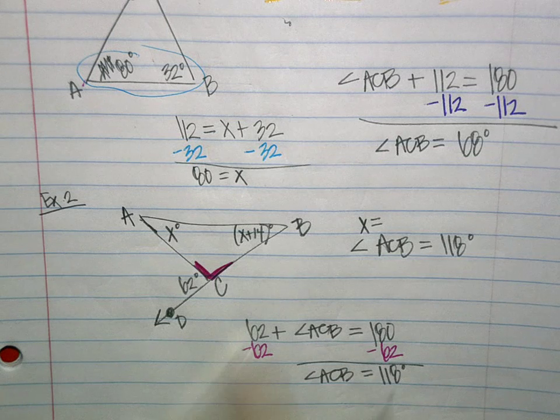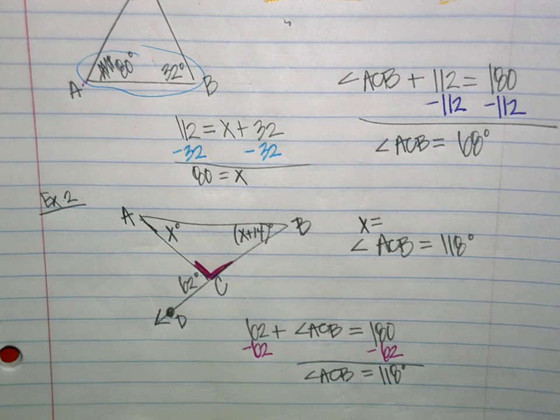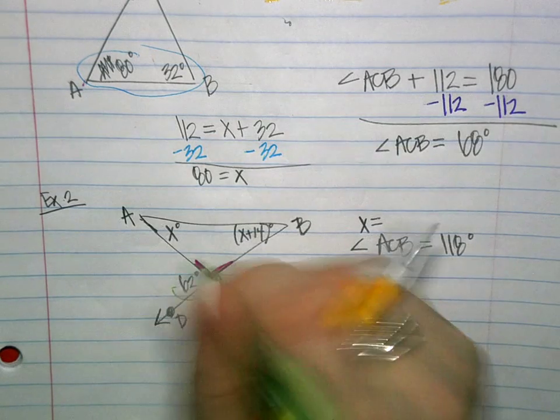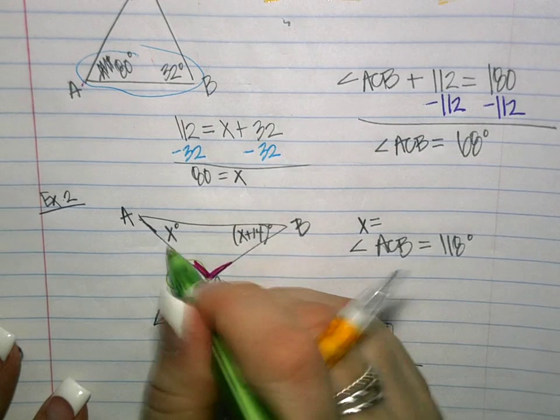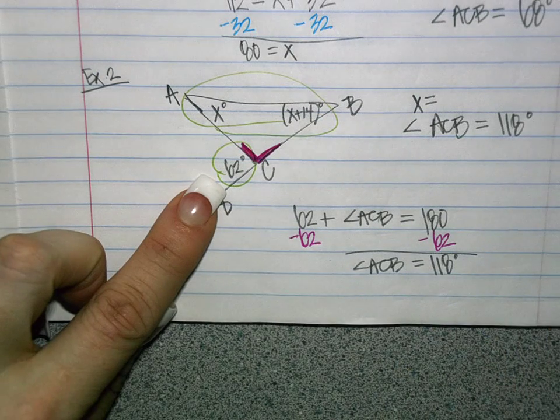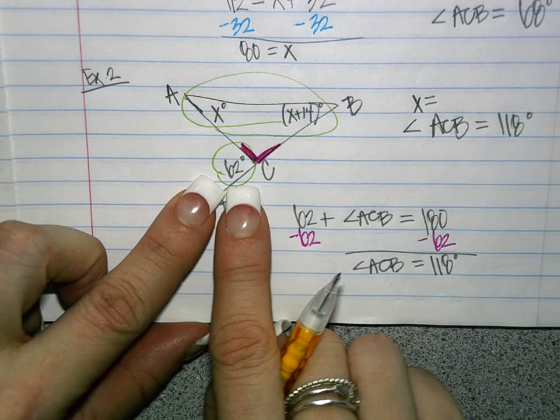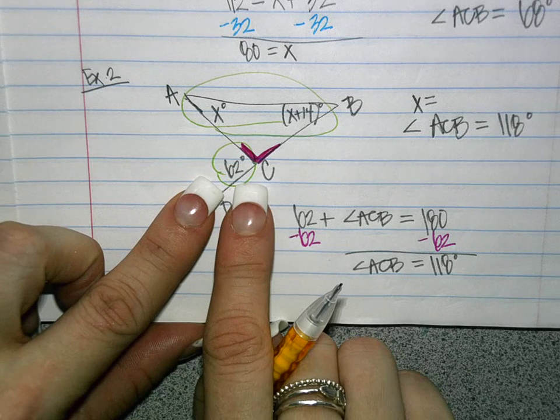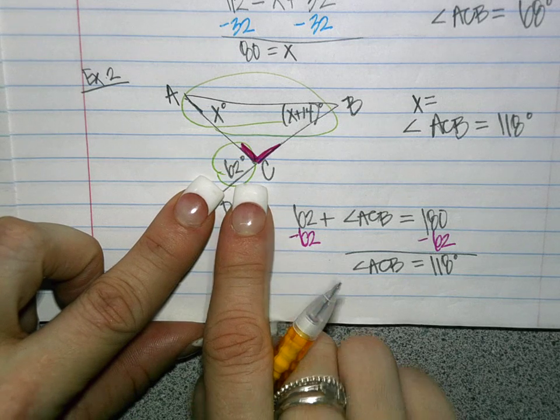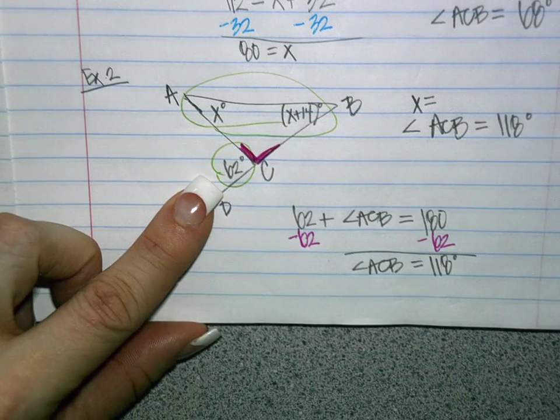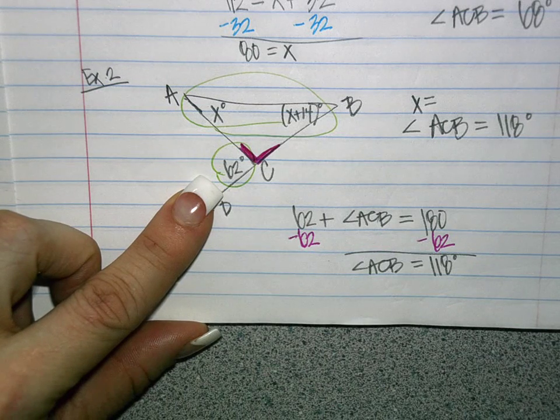So this is 118. Now, what else can I find here? Can I solve for x? Yes. 62, what is 62's relationship to these two angles? They add up. 62 is the exterior angle, and the exterior angle measurement is equal to the sum of the opposite interior angles.